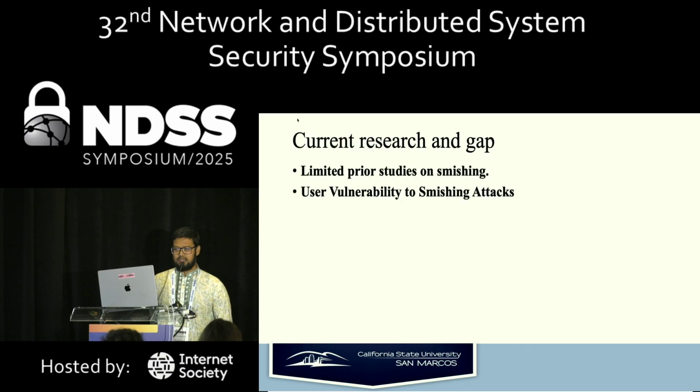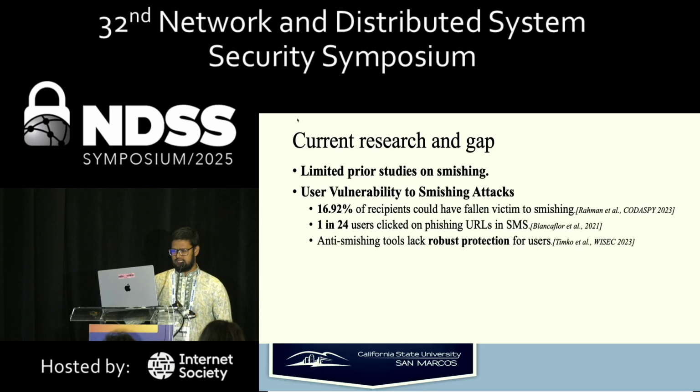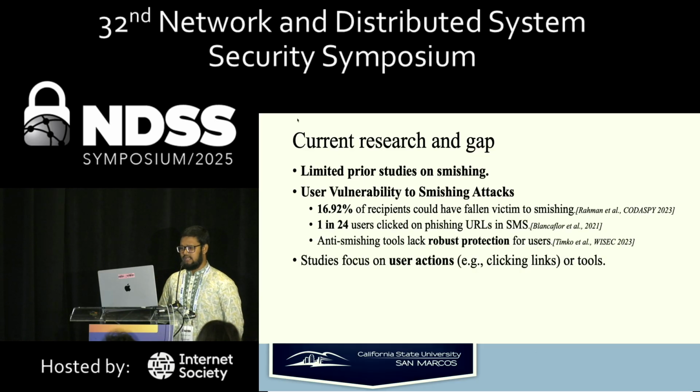Now, what is the current research gap? There are limited prior studies on SMS phishing, and a few recent studies have been published, mostly on user vulnerability to smishing attacks. From our lab, we conducted a study in 2023 where we found that 16% of participants clicked the link when they received an SMS on their phone.